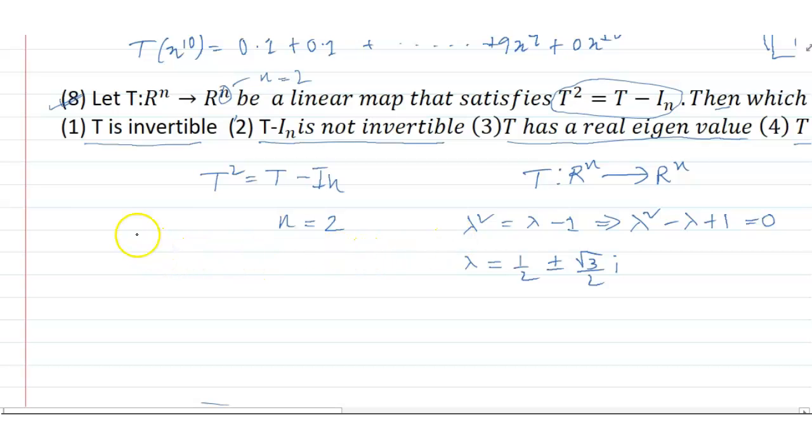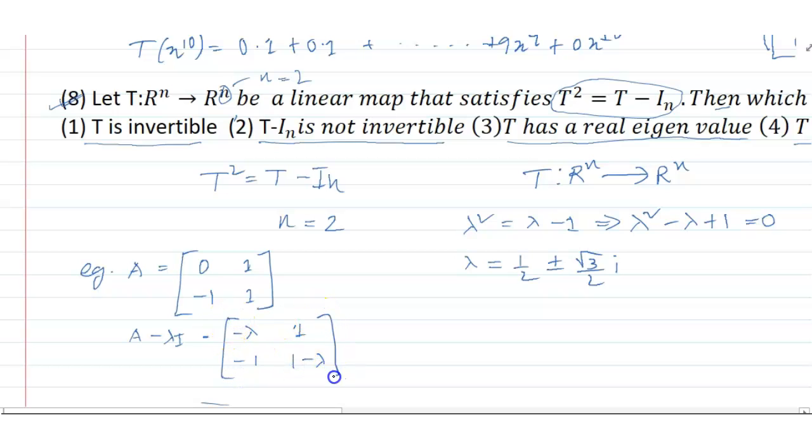And this is the example, a very simple example, A is equal to the matrix 0 minus 1, 1 1, this type of matrix, because you will see that A minus lambda I can be written as minus lambda, 1, and minus 1, 1 minus lambda, a counter example.